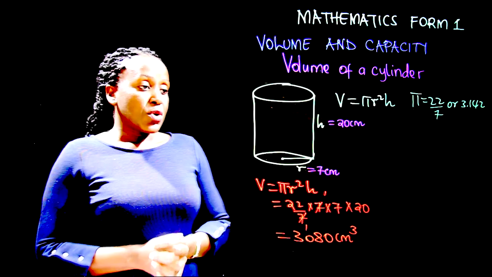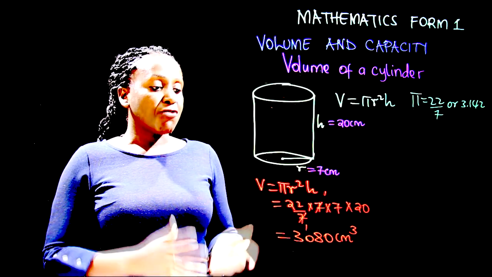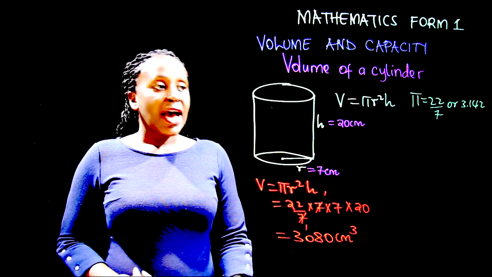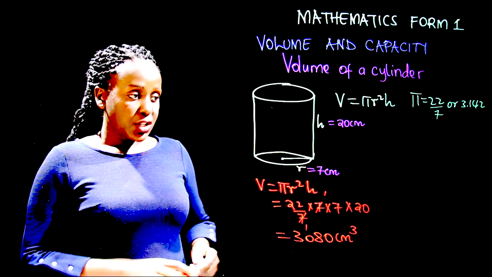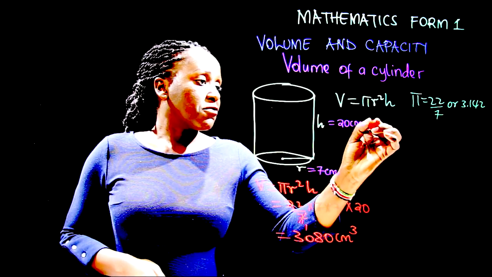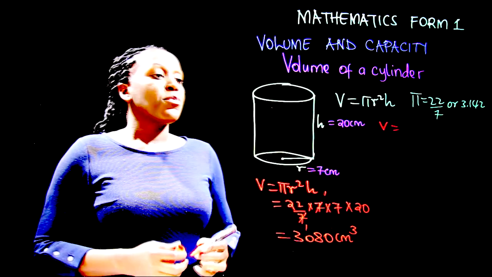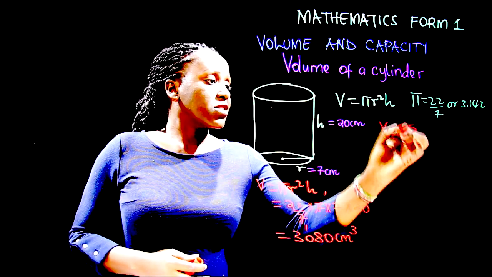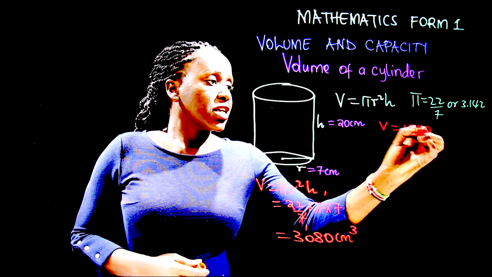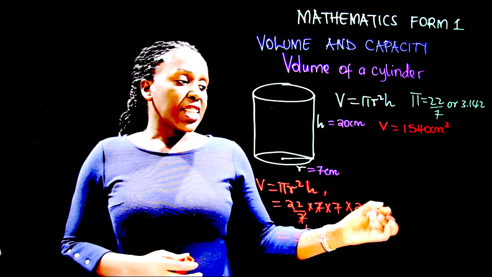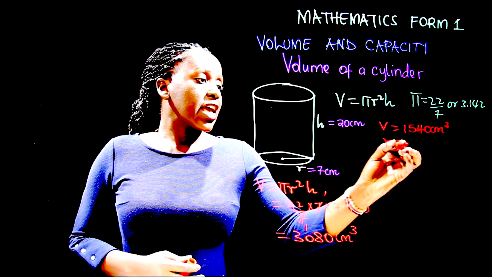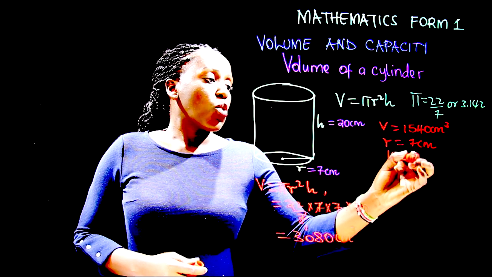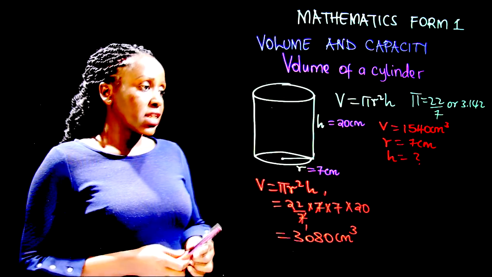So now we are going to look at if you have a volume and then you have maybe the radius, how do you determine the height? So I want us to form our own question here where the volume of a particular cylinder is equal to 1540 centimeters cubed, and then the radius is 7 centimeters, and maybe the question is what is the height of this cylinder.